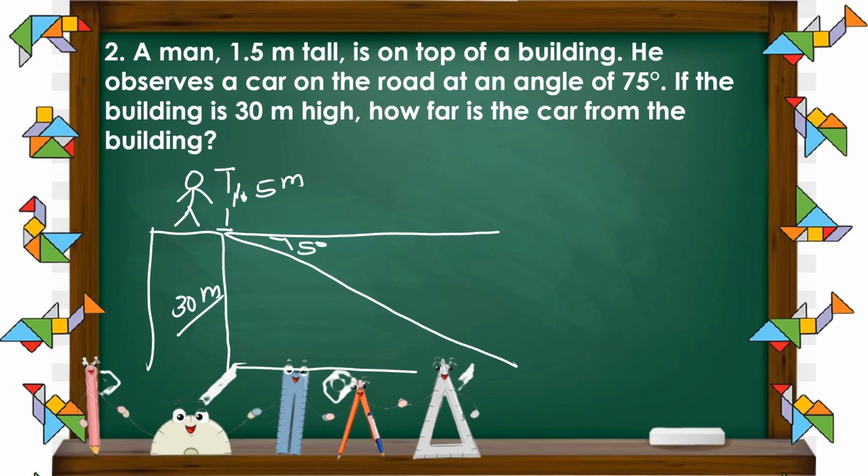The question is, how far is the car from the building? If this is 75, that is also 75 degrees. So what trigonometric ratio are you going to use to solve the unknown? This is the value of x. Let's have the next illustration.